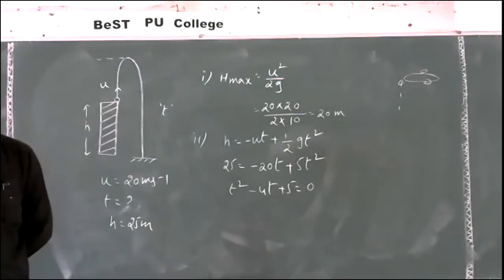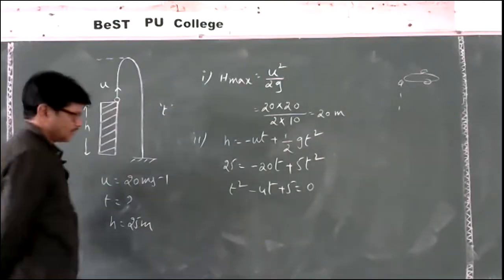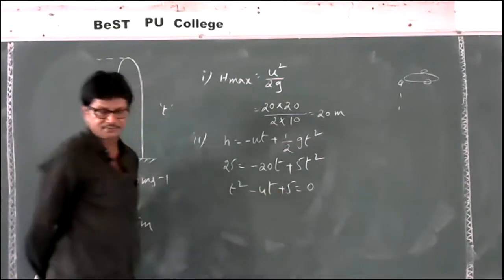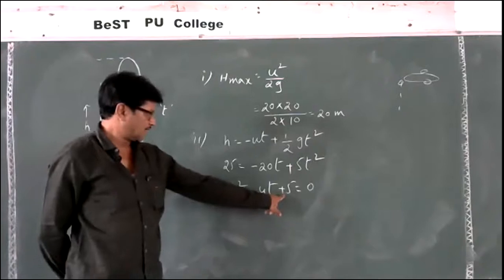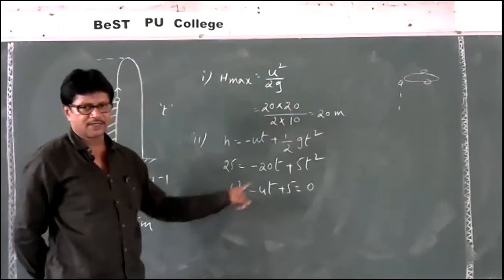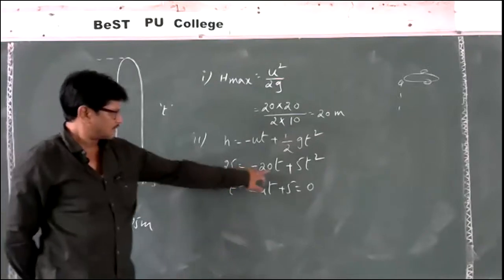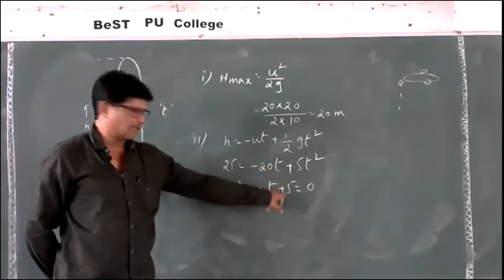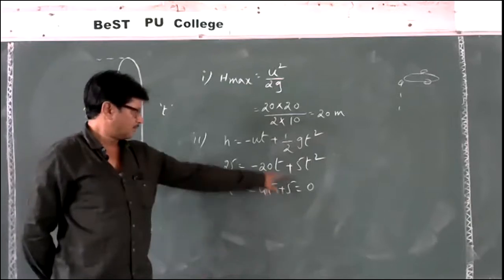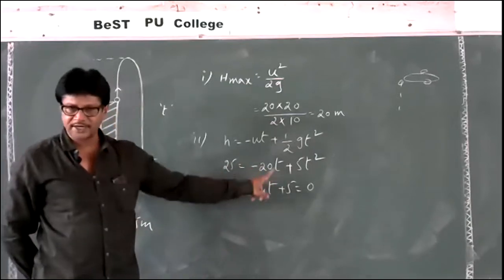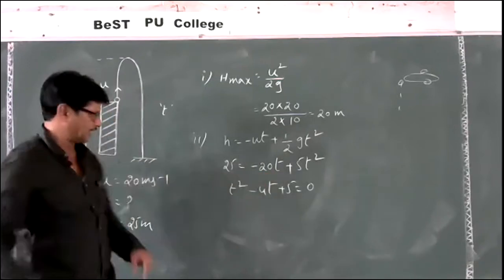Then you go with the factors. So minus 5 and plus 1 are the factors. By multiplying we should get like this. Is it right? t square minus 4t minus 5. If you multiply we should get minus 5, and by adding we should get minus 4.